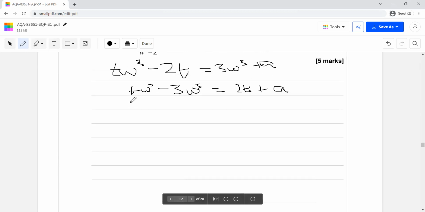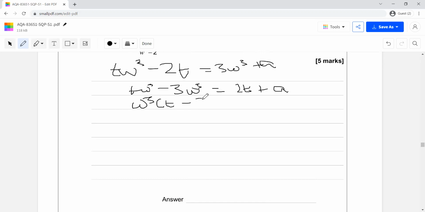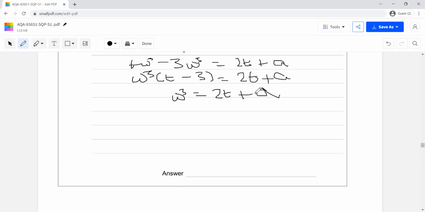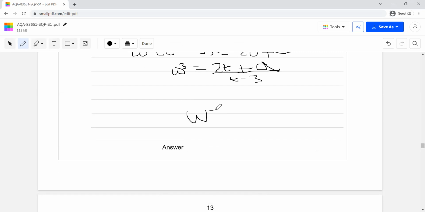Now w cubed times t minus 3 is equal to 2t plus a, which means that w cubed is 2t plus a over t minus 3, which means that w is equal to the cube root of 2t plus a over t minus 3.